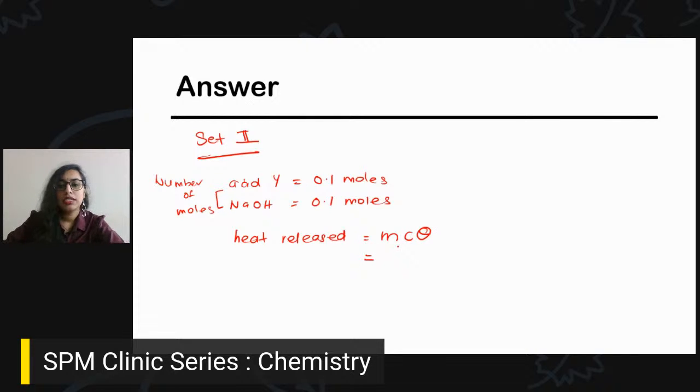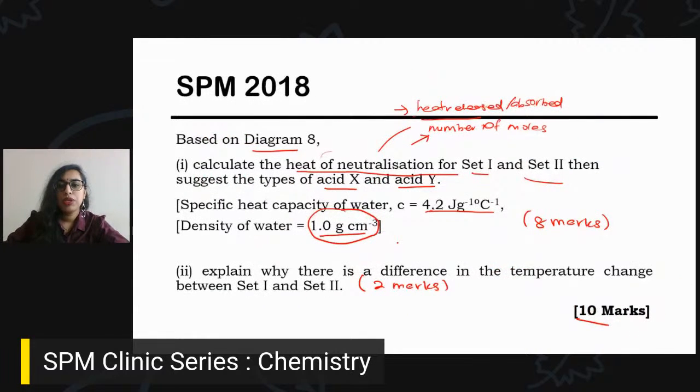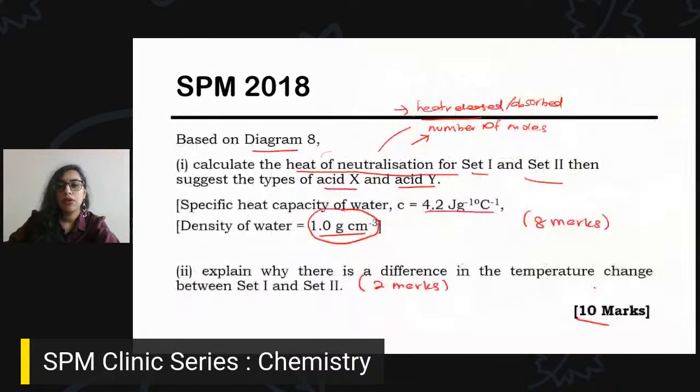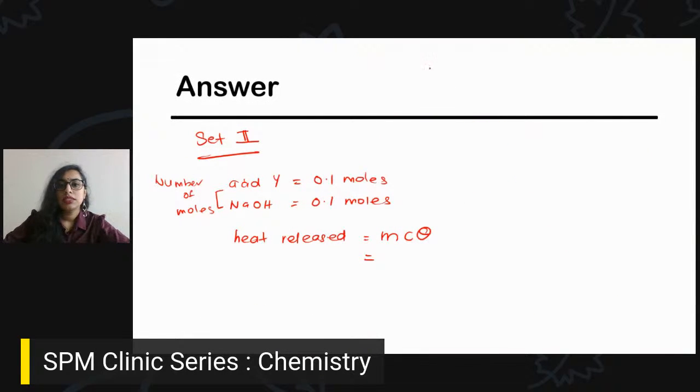The mass is the same, where we have 50 centimeter cubed plus 50 centimeter cubed, you will get 100 centimeter cubed of the mixture. So we are going to take the mass from here. All right. So you know density is equal to mass over volume. Mass is equal to density times volume.